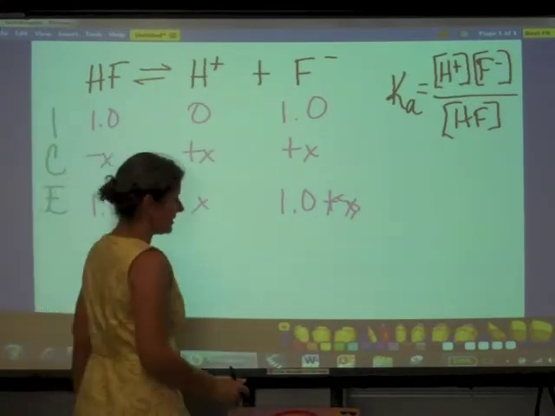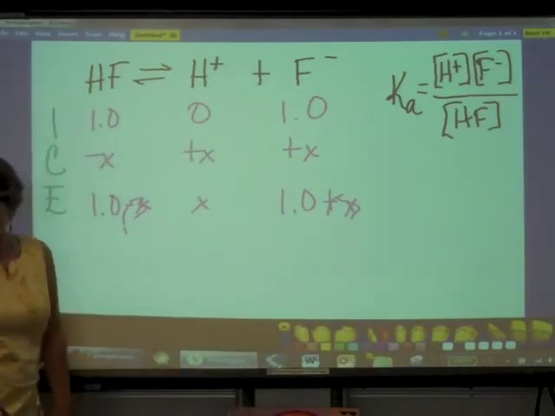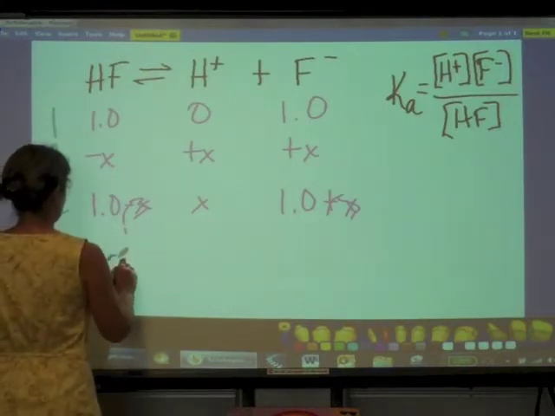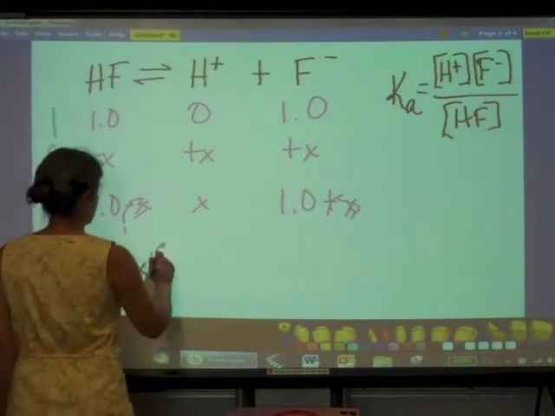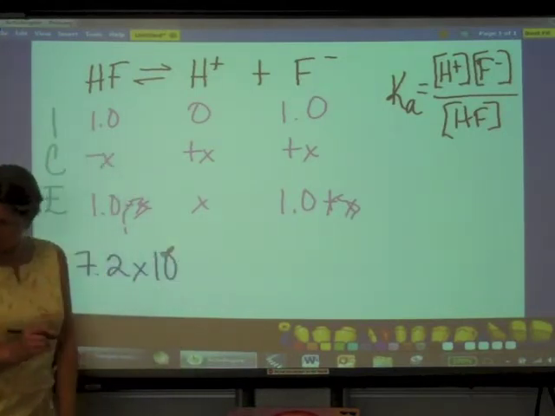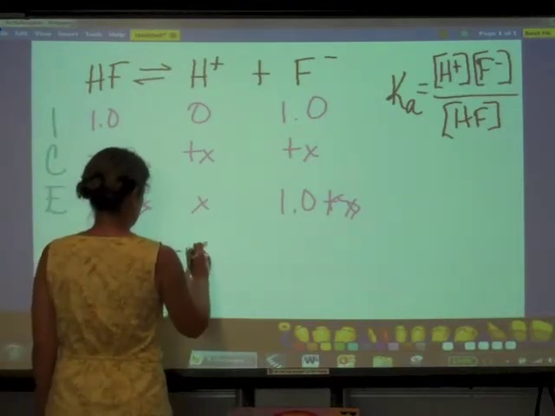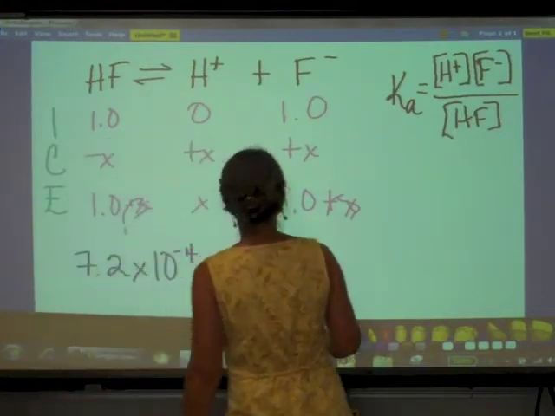So let's plug into this equilibrium expression. What is our Ka value? Our Ka is 7.2 times 10 to the minus 4th, and that's equal to x.